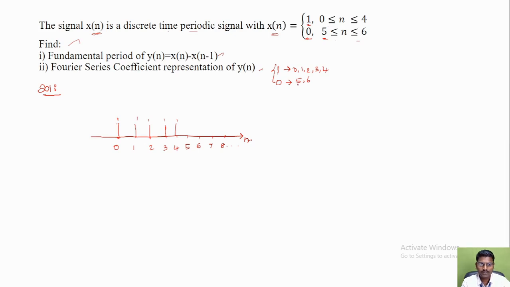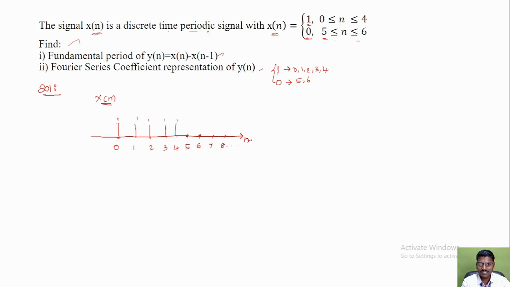Next, 0 is for the samples 5 and 6. So 0 is marked by a darker dot. So this is the given discrete signal x of n, where this signal will repeat the same pattern from sample number 7, 8 and so on.